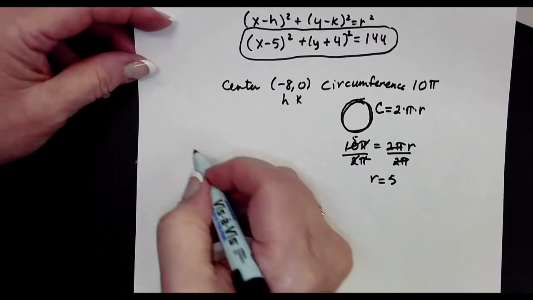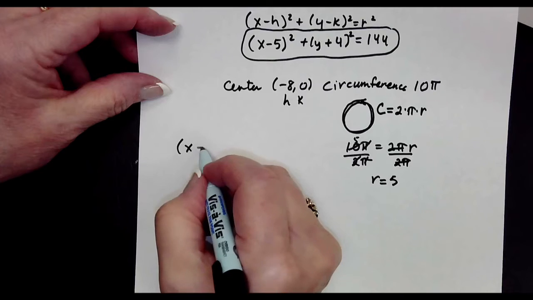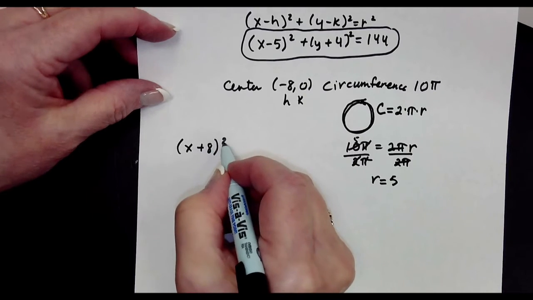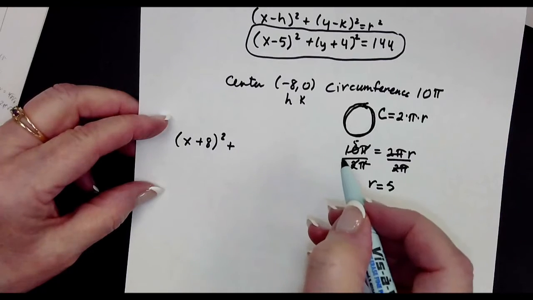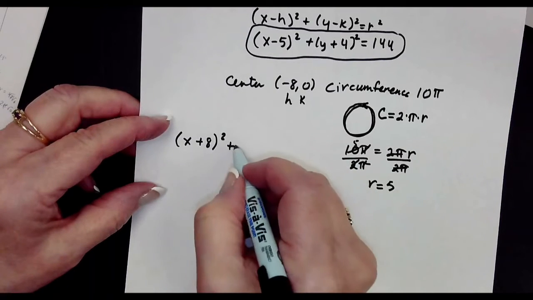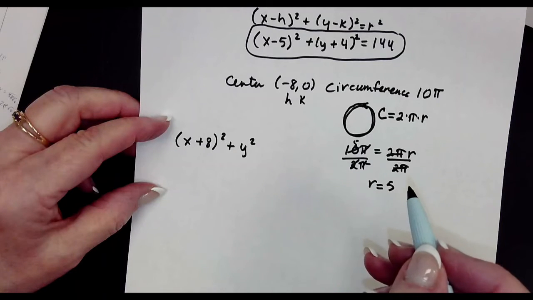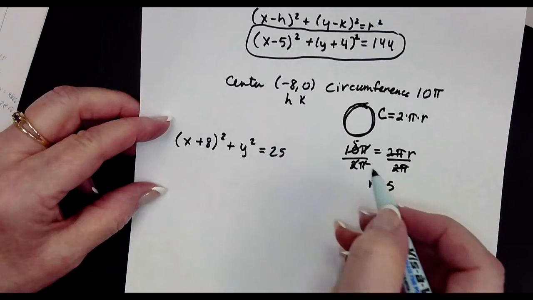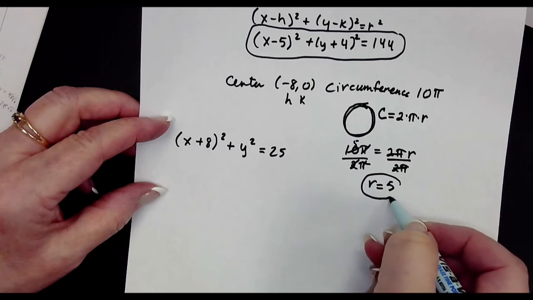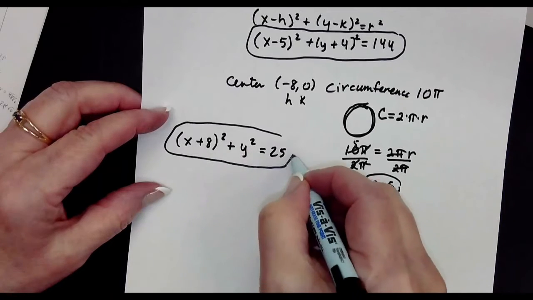So now we plug into the formula. X minus h, but minus a -8, is going to be plus 8 squared plus y minus 0, which would just be y squared. And you could put y minus 0 if you want. And equals 25, r squared, because our r was 5.